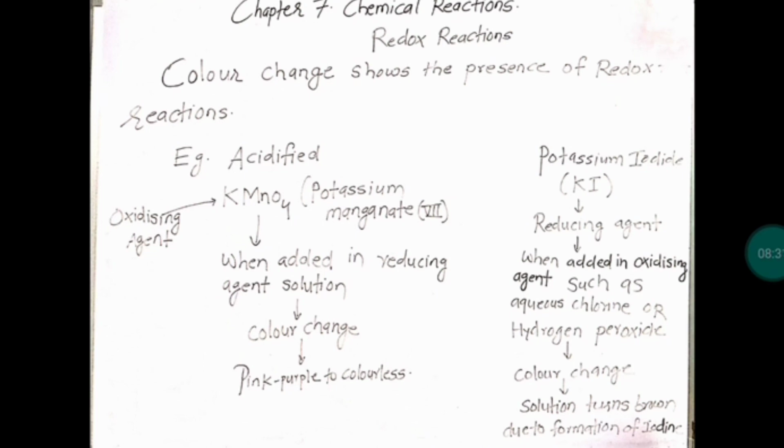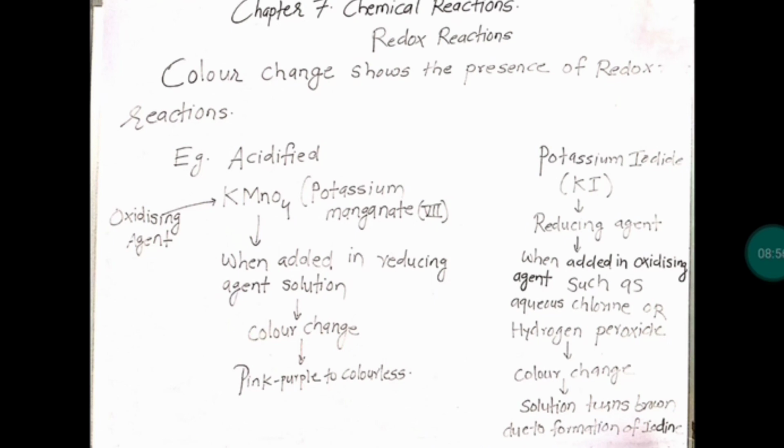Here manganese has oxidation state +7, and when it is added to a reducing agent solution, there is a color change, from pink or purple to a colorless solution.